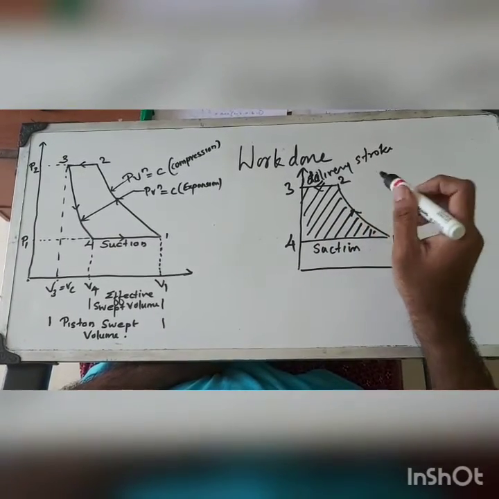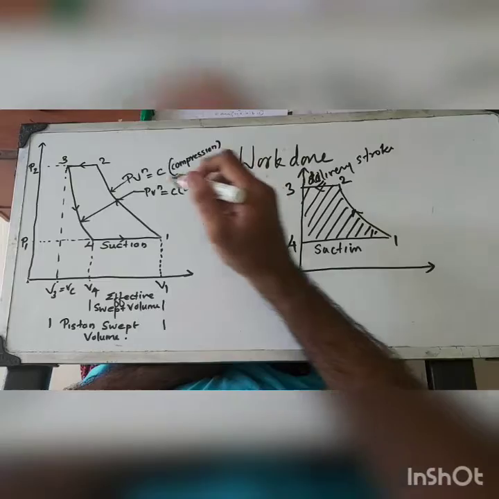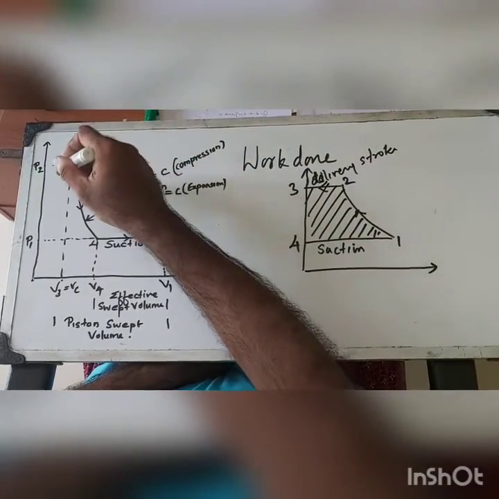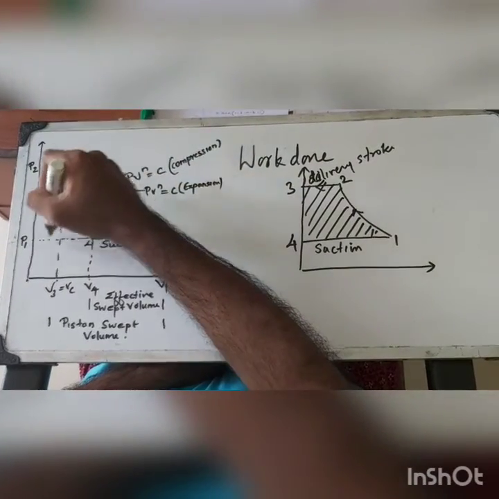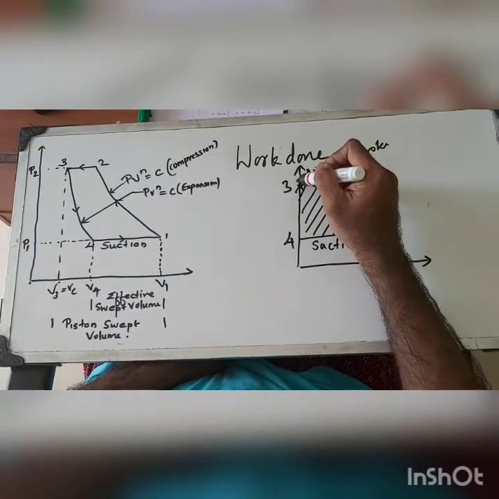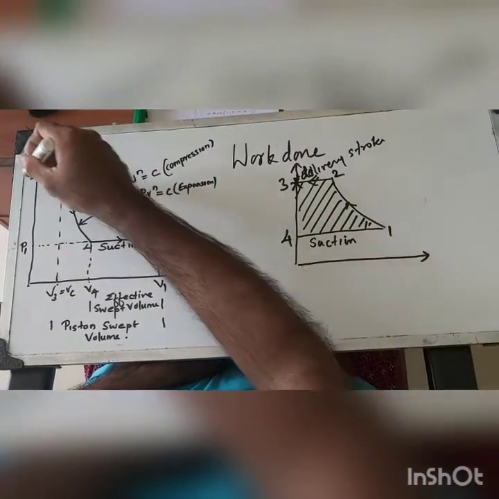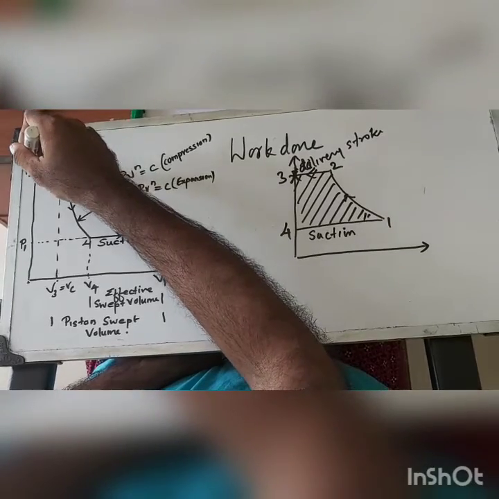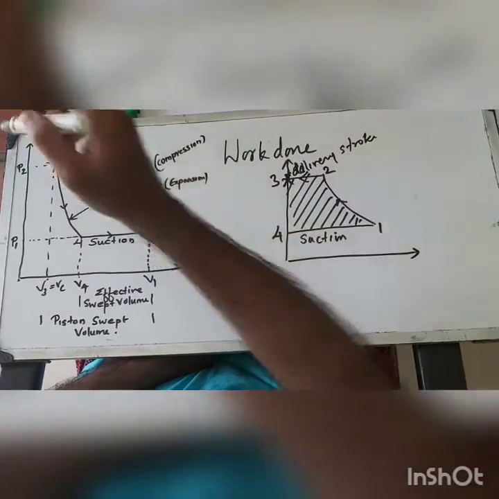Earlier the diagram was like this. If we consider the clearance volume, the diagram becomes like this. That means there will be a clearance volume in between. Here point 3 is on the y-axis, and here point 3 is slightly away from the y-axis.